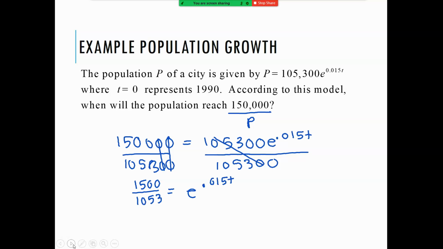We know to get rid of the e, we're going to ln both sides. So that gives the natural log of 1500 over 1053 equals 0.015 t. You divide both sides by 0.015.